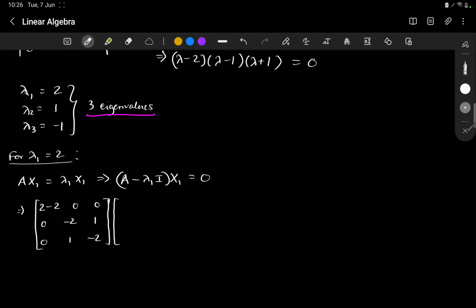So x1, let us say, has the components x1, y1, z1.